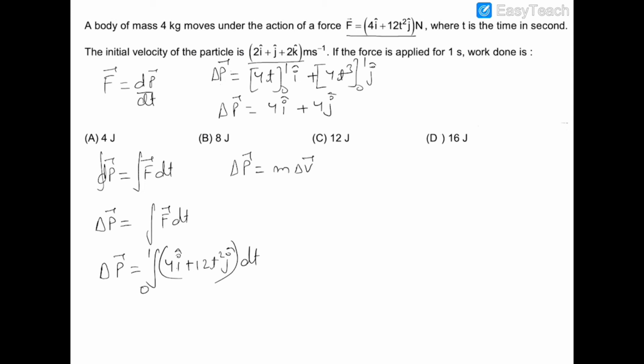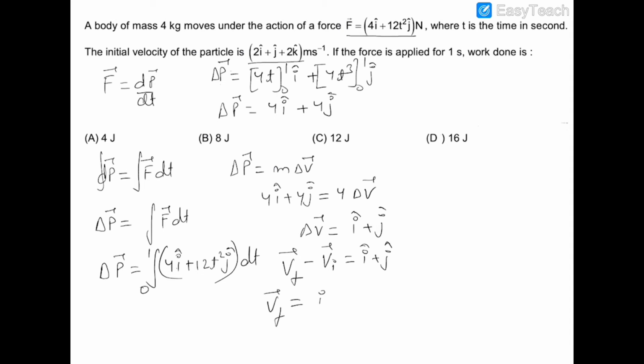Now delta P is 4 I cap plus 4 J cap, and that is equal to 4 delta V. So delta V vector is equal to I cap plus J cap. Now delta V is V final minus V initial, which is equal to I cap plus J cap, so V final is equal to I cap plus J cap plus V initial, and V initial is 2 I cap plus J cap plus 2K cap.